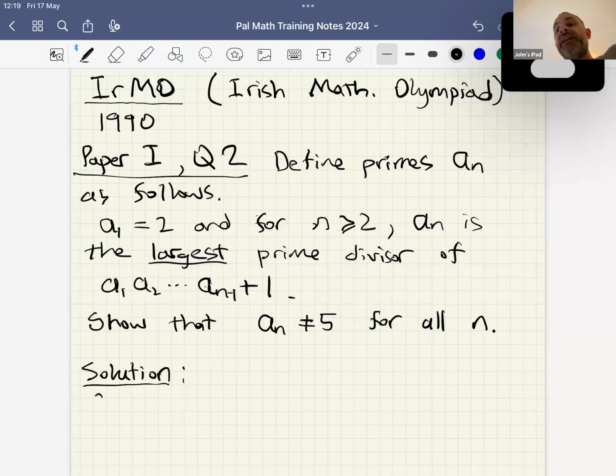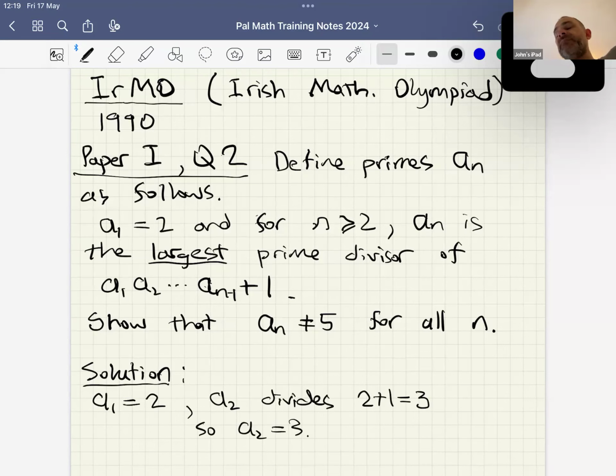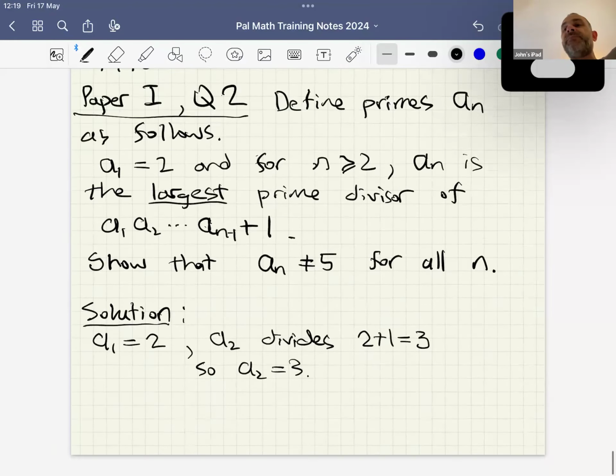We know that A1 is 2. What about A2? Well, A2 is a prime divisor of A1 plus 1. So A2 is 3, because that's prime.